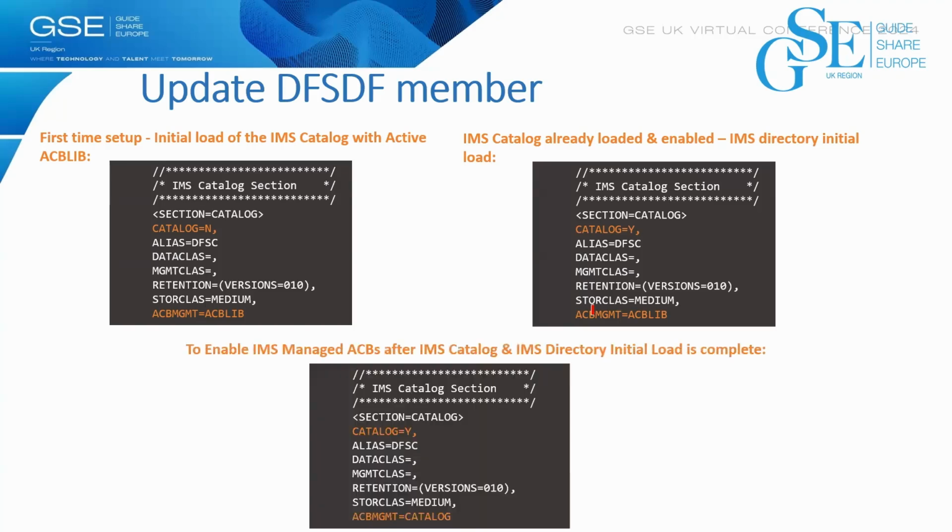Once you are done populating the catalog and the IMS directory, before enabling that change in IMS, you need to change to CATALOG equals yes and ACBMGMT equals CATALOG. Only then will your IMS be enabled to run with the managed ACBs and catalog.